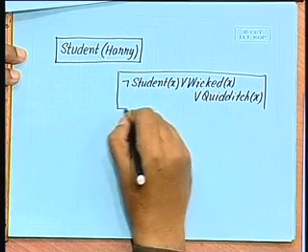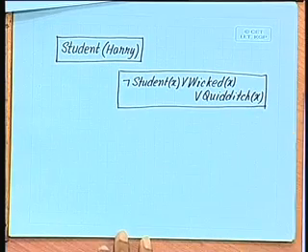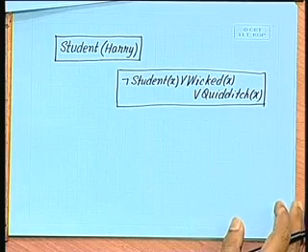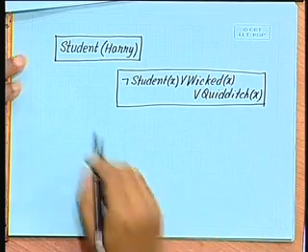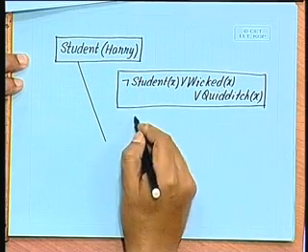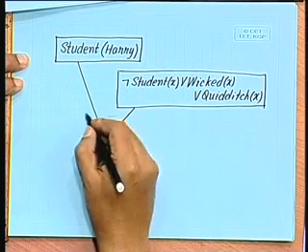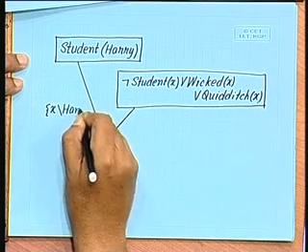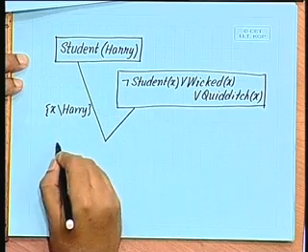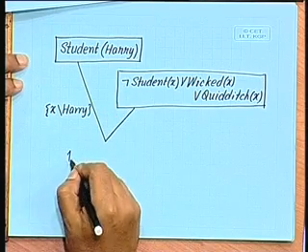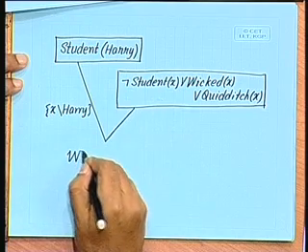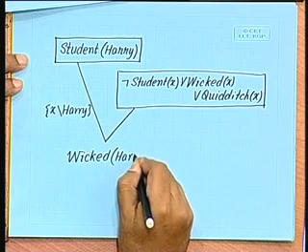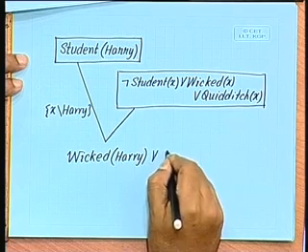This was another clause that was there. In fact, the first clause which told us that a student is either wicked or good in Quidditch. So, if we use these two with x substituted by Harry, then what do we get? We have wicked Harry or Quidditch Harry.